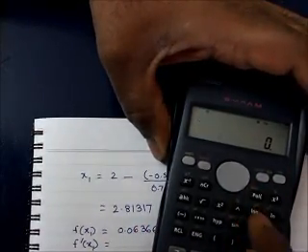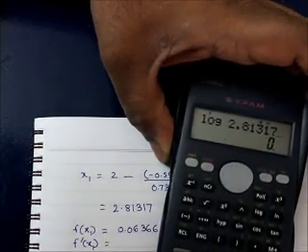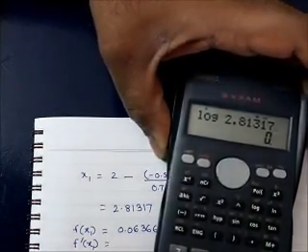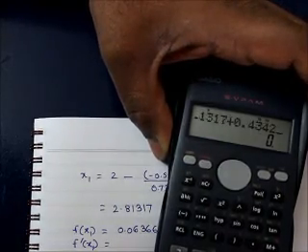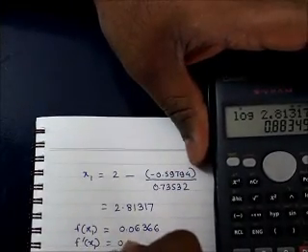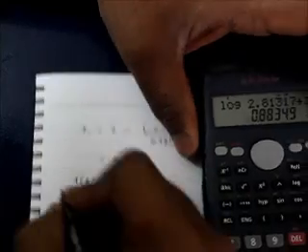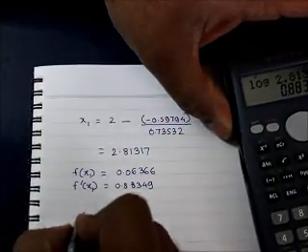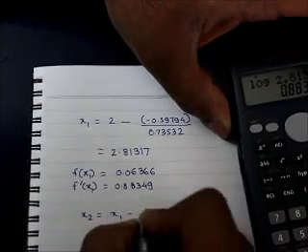That is log of 2.81317 plus 0.43429, which is 0.88349.